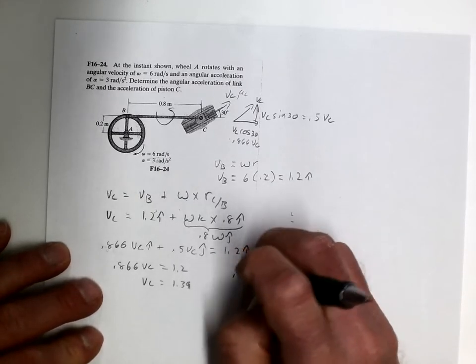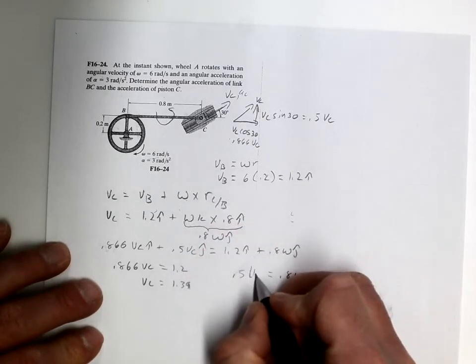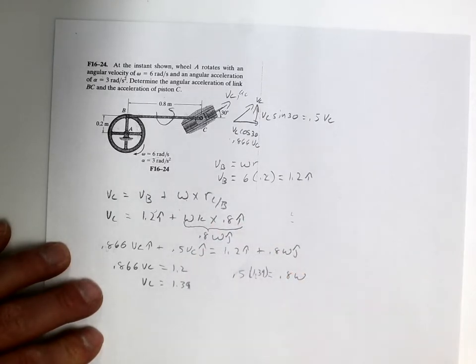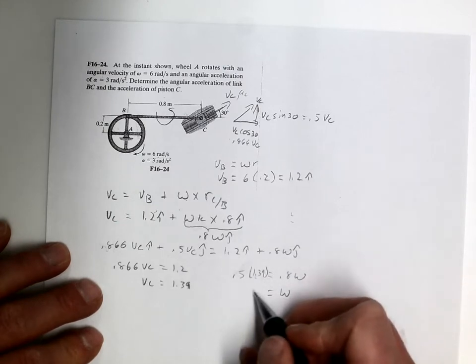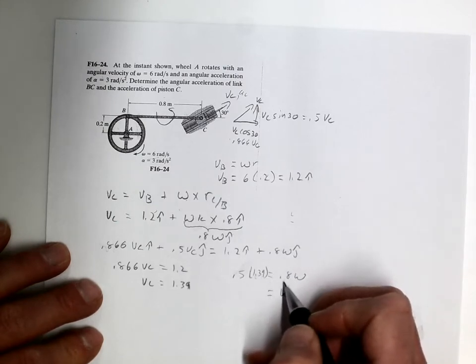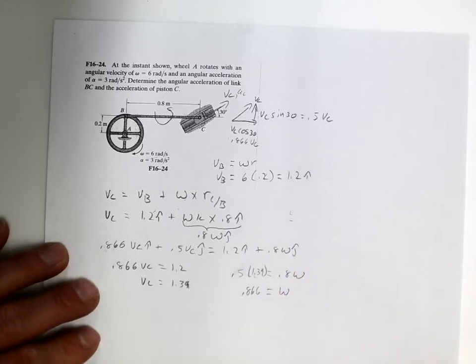VC is 1.39. So omega is 0.5 times 1.39 divided by 0.8, which is 0.866.